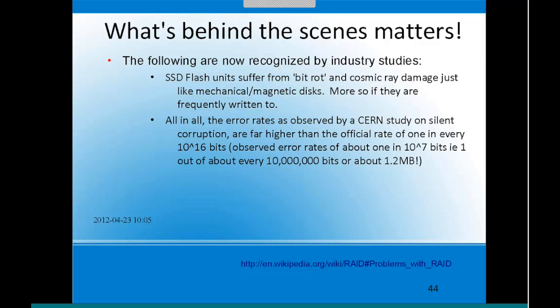So if you have a drive with a terabyte of data on it, you're likely to lose 800 times the number of bits than is predicted. Okay, it's a lot of data that's at risk to multiple bit failure.